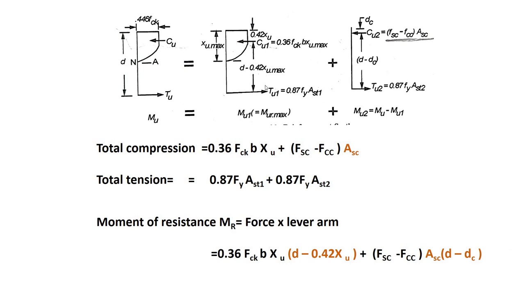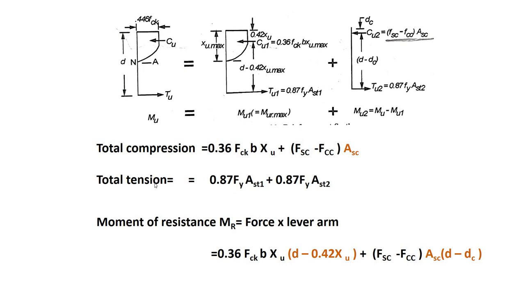For the strain diagram, here the bending moment is taken care of by the balanced section plus the moment of resistance provided by the imaginary section. Total compressive force is equal to stress into area. Stress is 0.36 fck, area is b into xu, plus (fsc minus fcc), that is stress in steel in compression minus stress in concrete in compression, into Asc, that is stress into area, right?